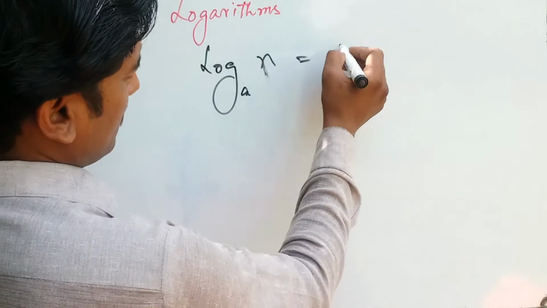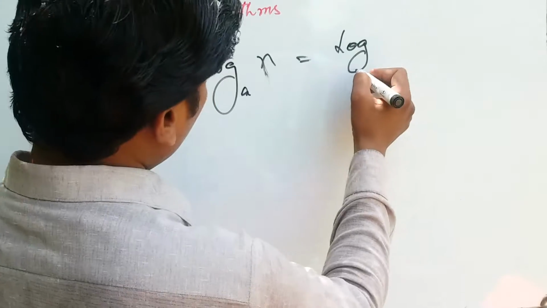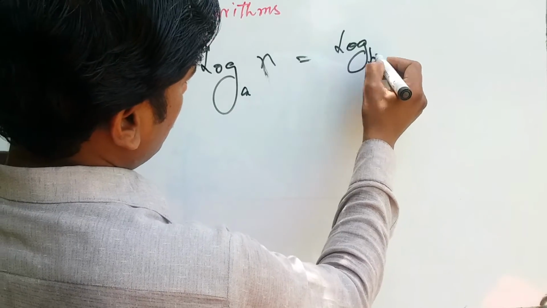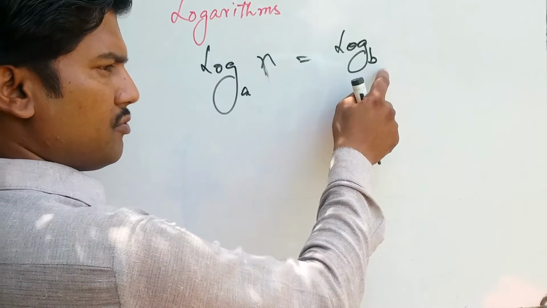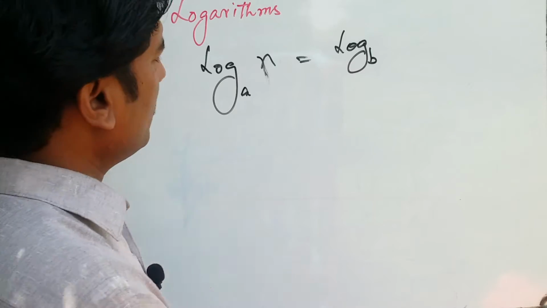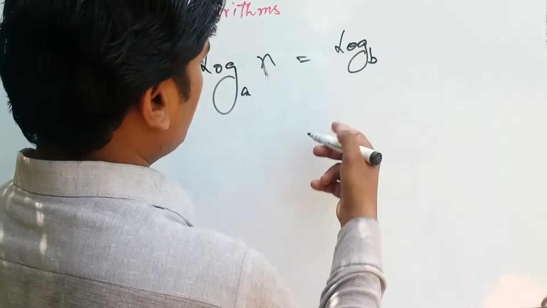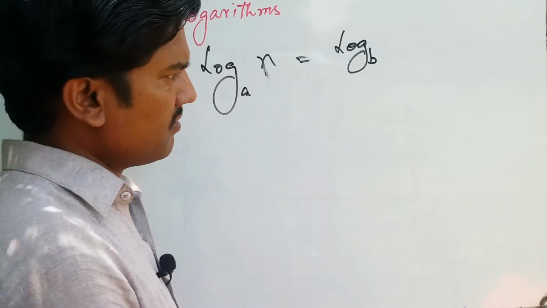This is the logarithm's big base change rule. If it is base a here, then the base will be changed to b. If we have a and b under consideration, then we will use a and b. If we have c and d under consideration, we will use c and d. So very simple.